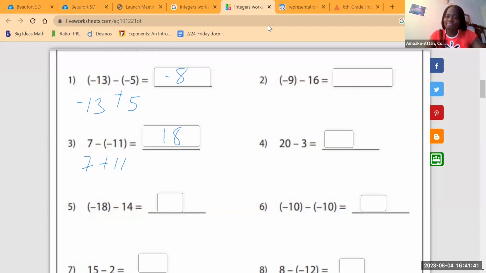At 18. Okay, let's see number 2. -9 minus -6. You are owing, or you borrowed $9 from someone. You've not paid your debts and you still borrowed $16 again from another friend. Not paid any of your debts.